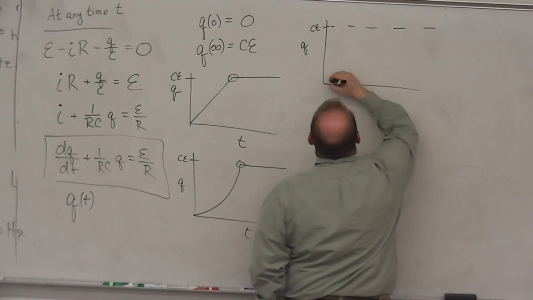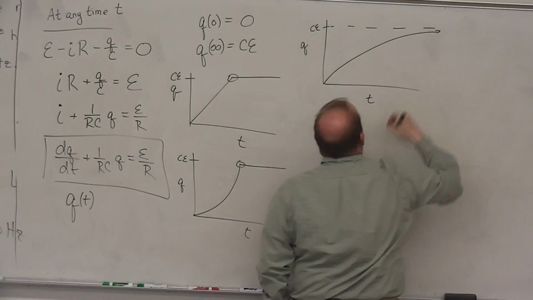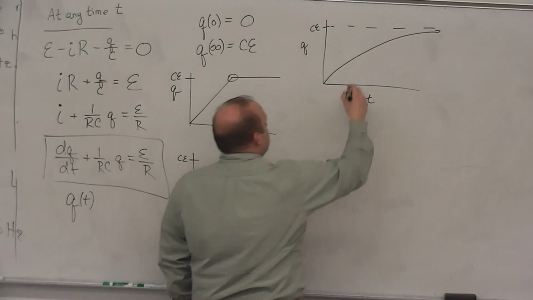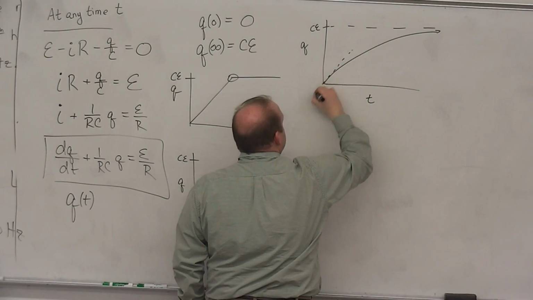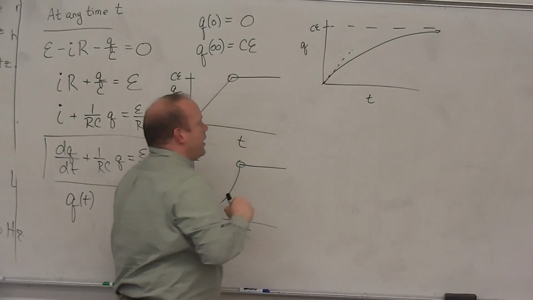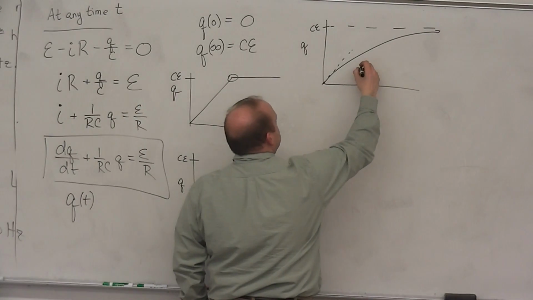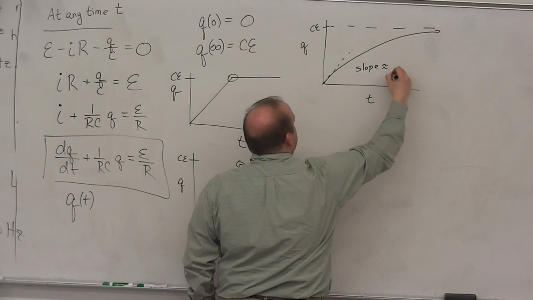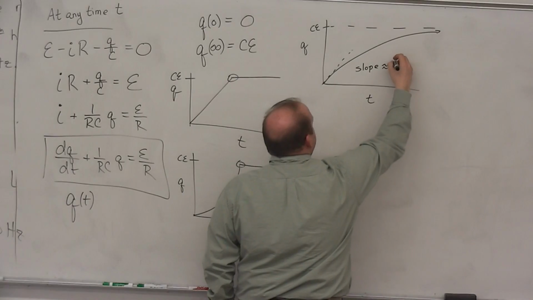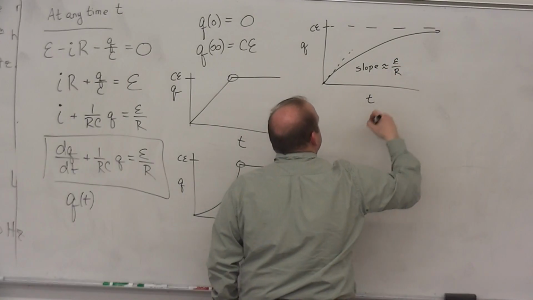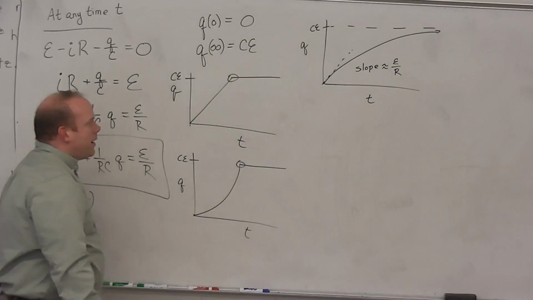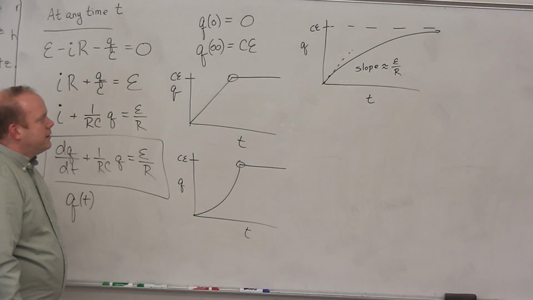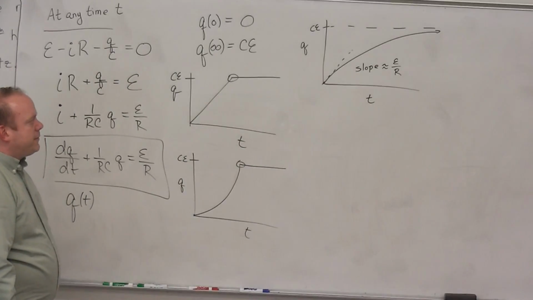This approach is asymptotical. It's going to look something like that. Okay. Early on, by the way, that slope of that line should be about E over R. Then you can figure out for yourselves why; come to me with the answer.